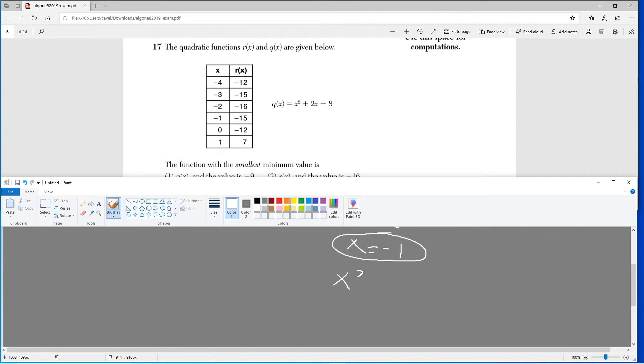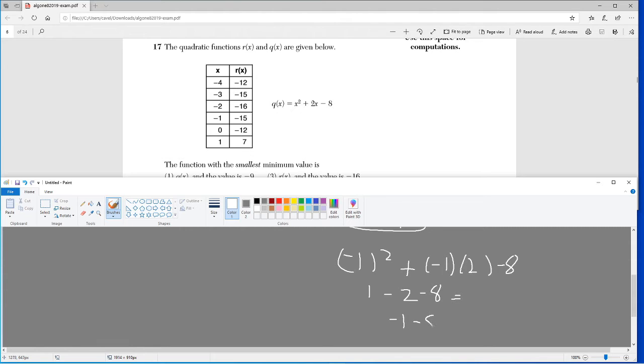So we have x squared, so -1 squared plus 2 times -1 minus 8. We have 1 minus 2 minus 8. 1 minus 2 is -1, minus 8 is -9.